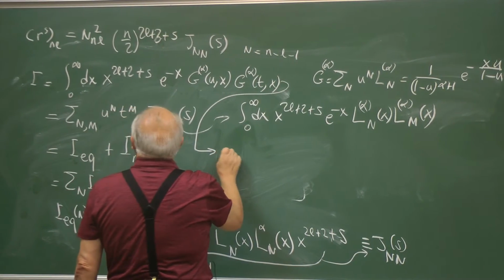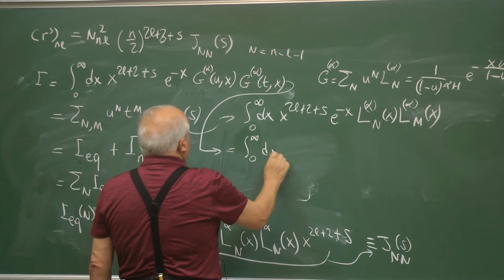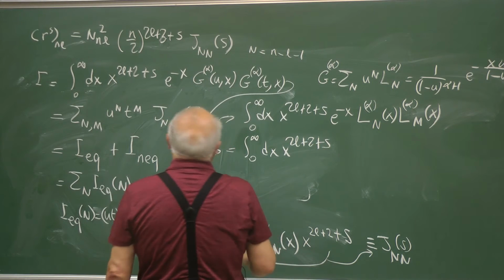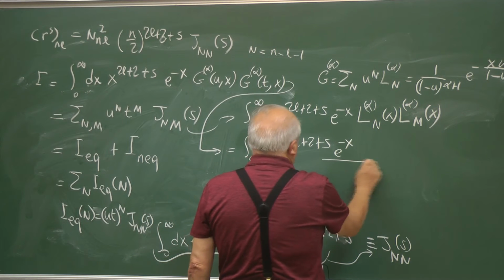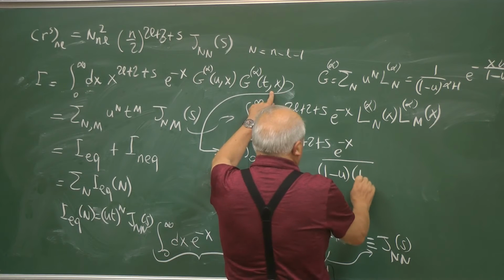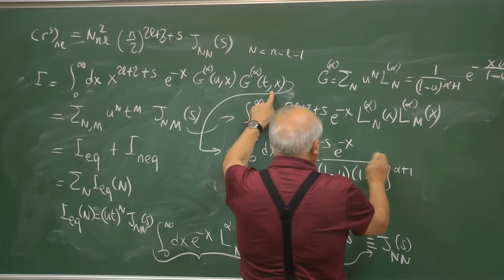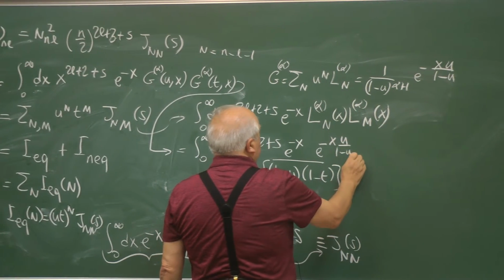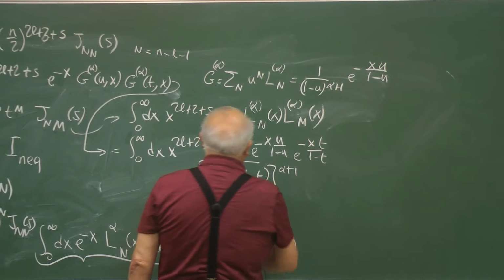This will be equal to the integral from 0 to infinity dx x^(2l+2+s) e^(-x), times (1 over 1 minus u)(1 over 1 minus t) to the alpha plus 1, e^(-x u over 1 minus u) e^(-x t over 1 minus t).